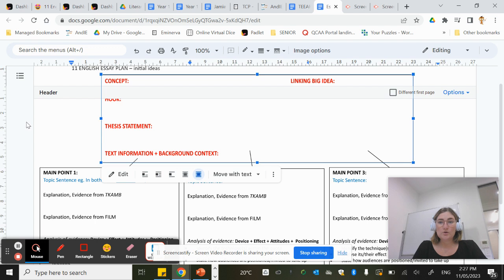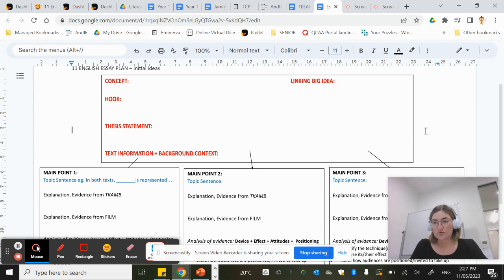And obviously, I'm talking about this within the context of prejudice, because every idea that you talk about in these texts relates to prejudice, because let's face it, both texts are fundamentally about prejudice. Remember, prejudice is not just racism.